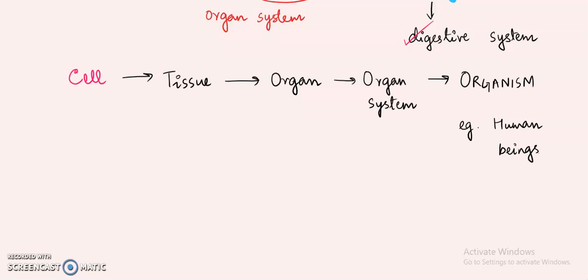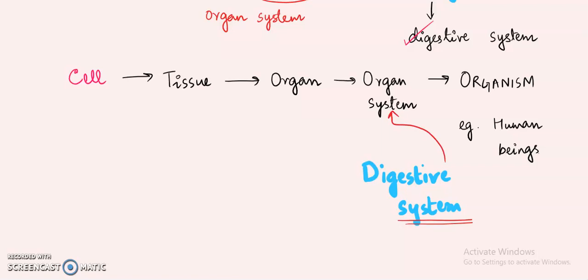Now let's talk about one of the organ systems. Let's start with the digestive system, because this is the first system that is given in the NCERT, right? So the digestive system, the suffix is system, so we will correlate that it is talking about an organ system.